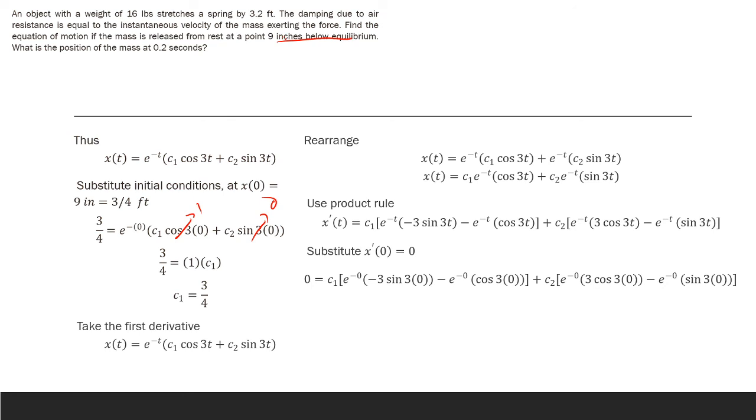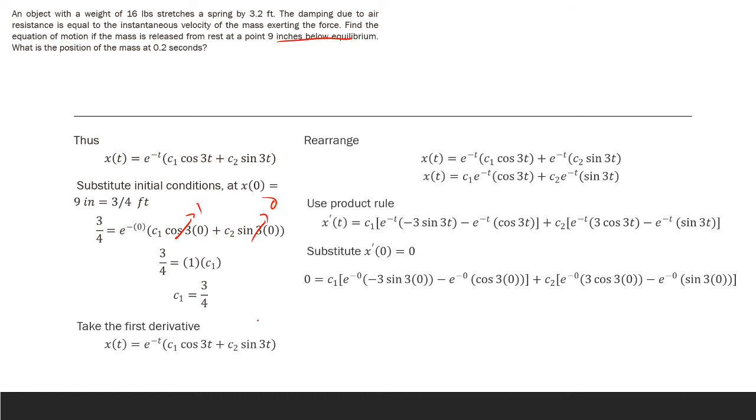But take note, class, if it is not given, we can assume that we start with no initial velocity at t is equal to 0. That is another assumption we make. So we can use the initial condition that at t is equal to 0, you have no initial velocity, so x prime of 0 is equal to 0 as well.